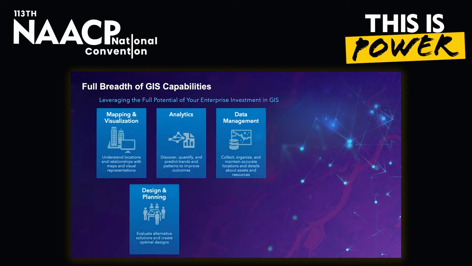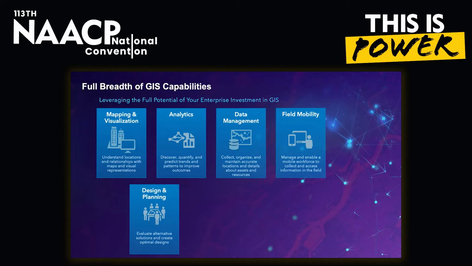Use your GIS for designing and planning. Map and evaluate alternative scenarios and create optimal designs. Use your GIS for field mobility. Manage and enable mobile teams to access information anywhere and collect information while they're out in communities. You're constantly assessing your impact and redirecting resources accordingly.